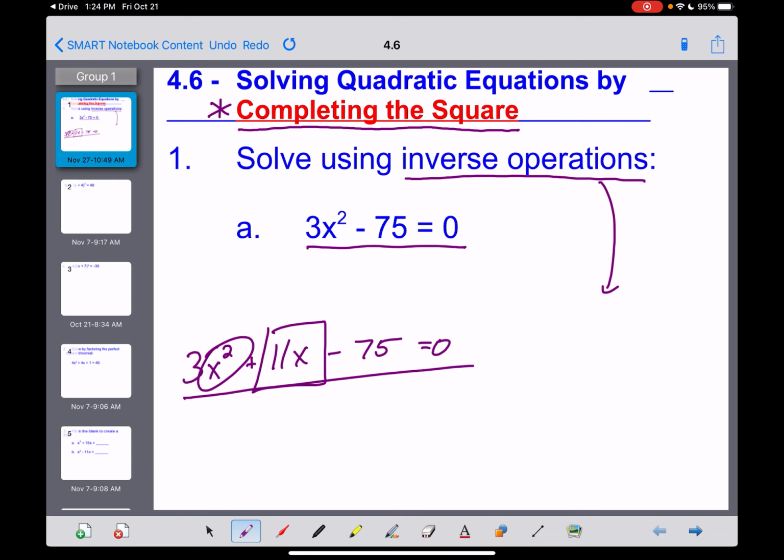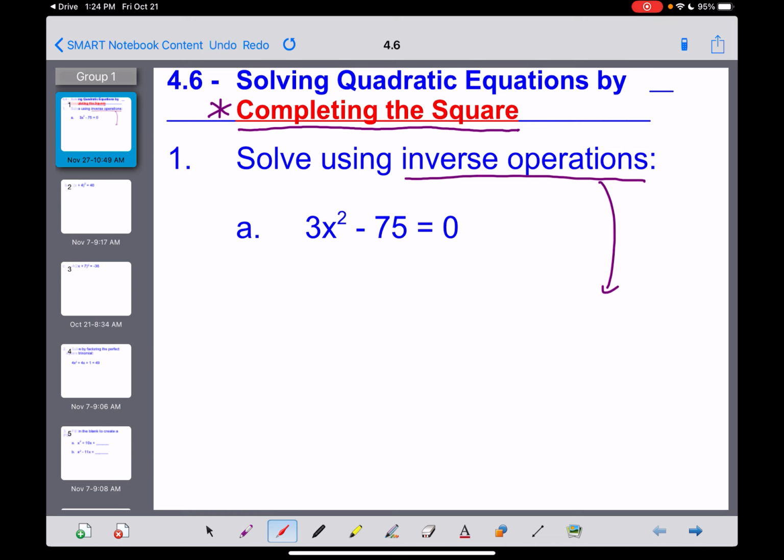A more difficult quadratic equation has both an x squared and what we call a linear x term, whereas the one we're dealing with here has a quadratic term, x squared, but it has no linear term. So the key here is that this equation here has only one x, whereas this one right here has 2 x's. That becomes a lot harder. So that is something we will deal with later on.